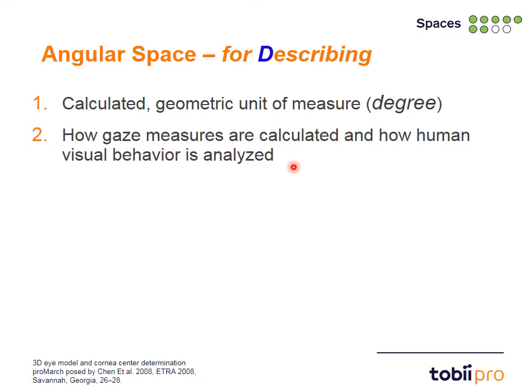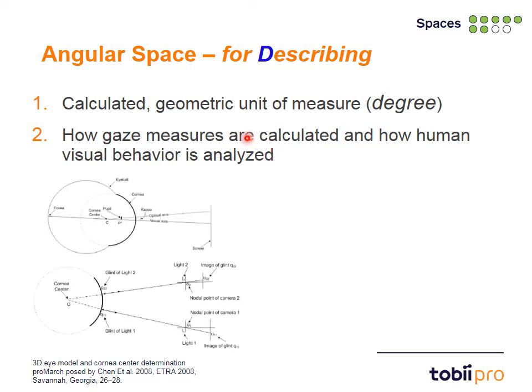In fact, the internal calculations for Tobii eye tracking systems are executed in terms of visual angle. Here you can see from a published paper about the 3D eye tracking model, degrees of measure and angular extent are really fundamental to the process of calculating gaze points and visual axes.